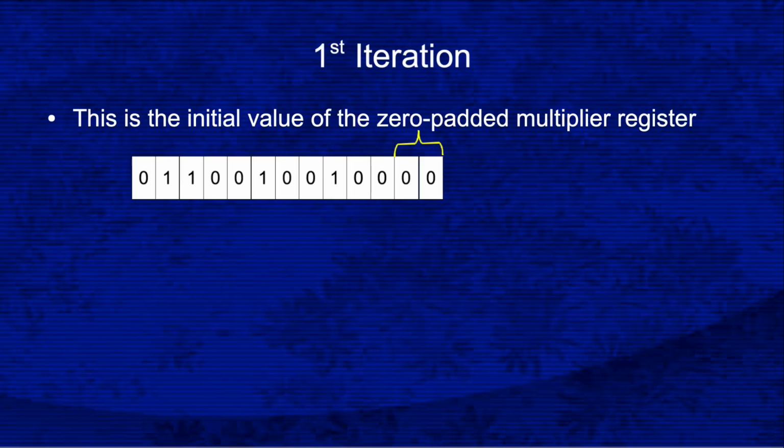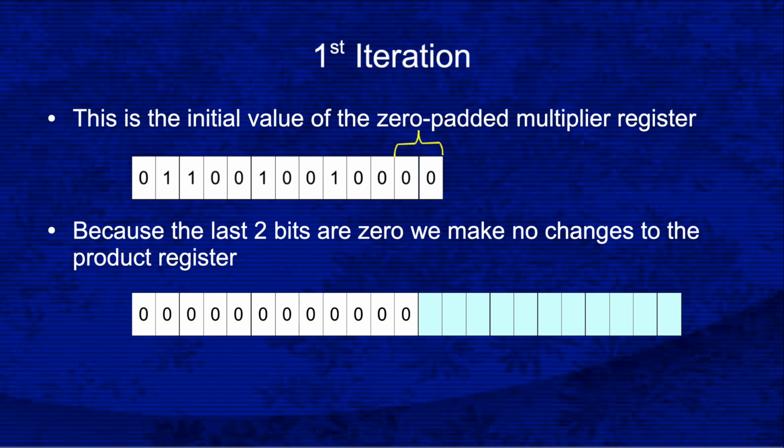To start, we examine the 2 least significant bits of our modified multiplier value 0110010010000. The 2 least significant bits are 0, so we make no changes to the 23-bit product register.